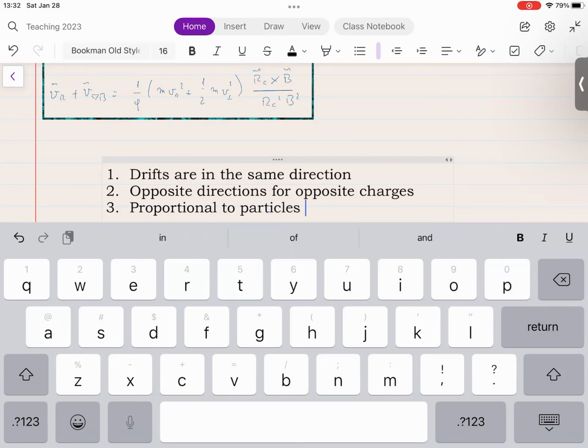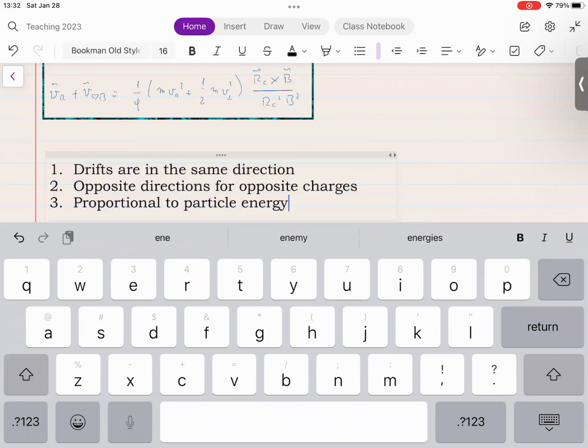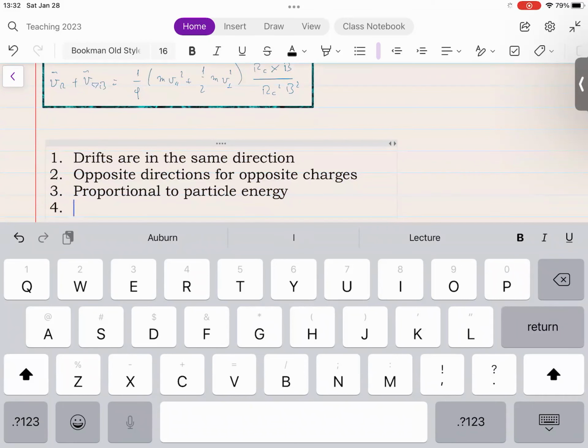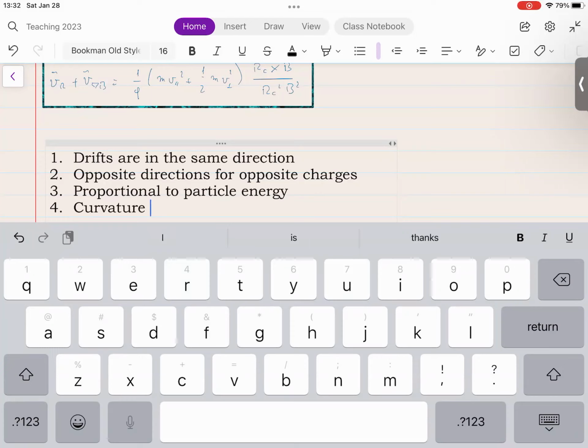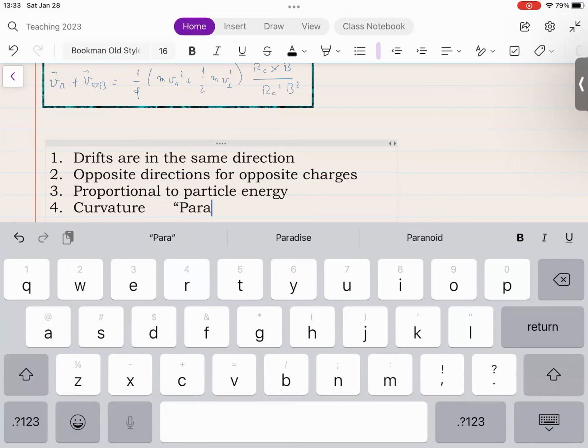My drift velocities are proportional to particle energies. And I want to be careful here, but let me make the statement, and then I'll clarify what I mean.